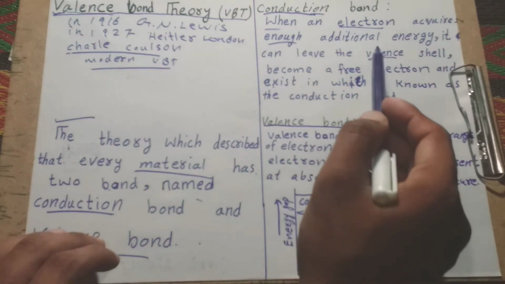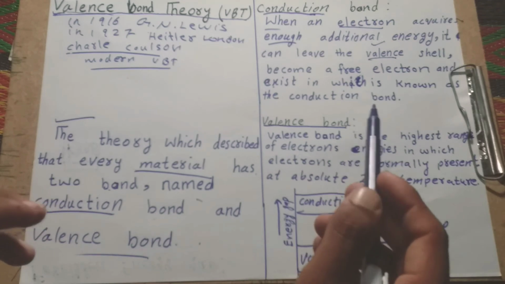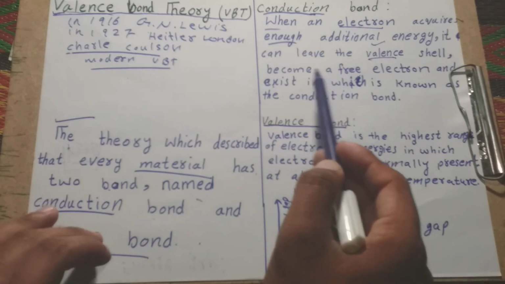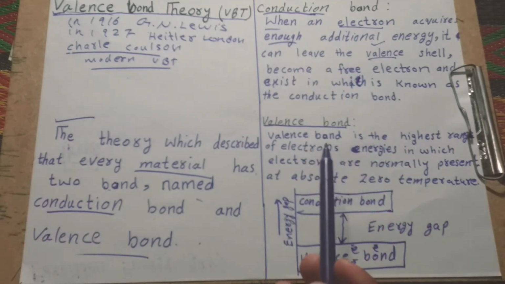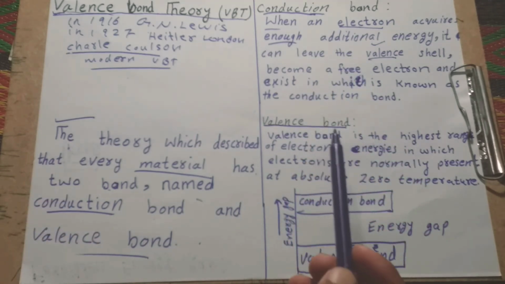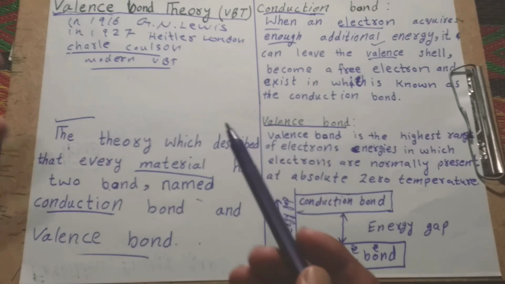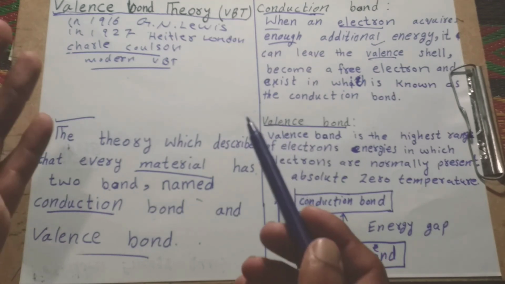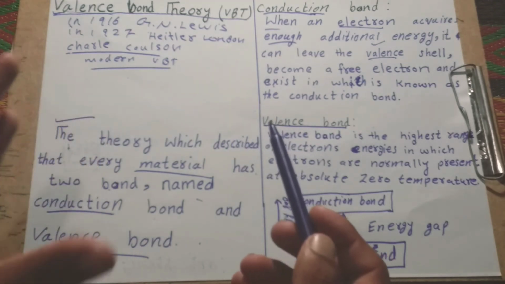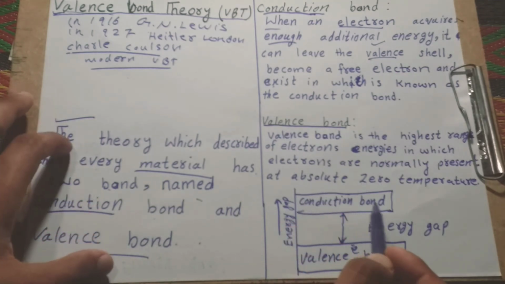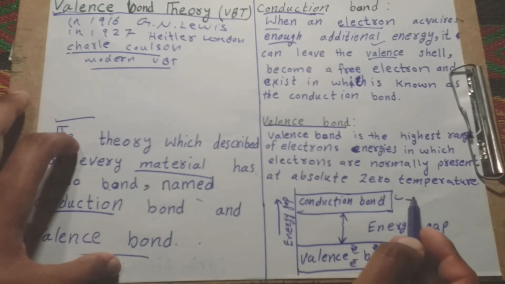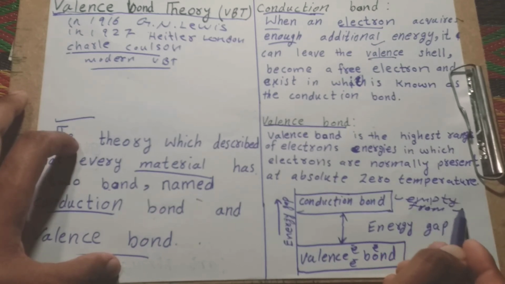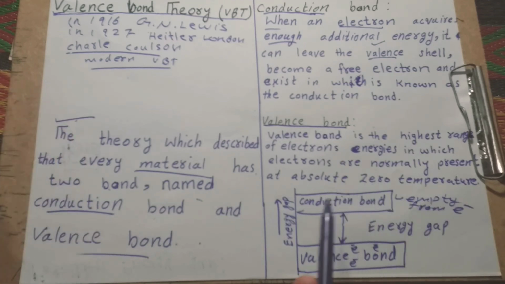If they get more energy, they leave the valence shell and become free electrons in the conduction band. Before that, the conduction band is empty.